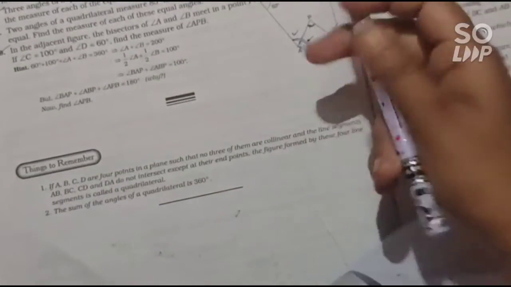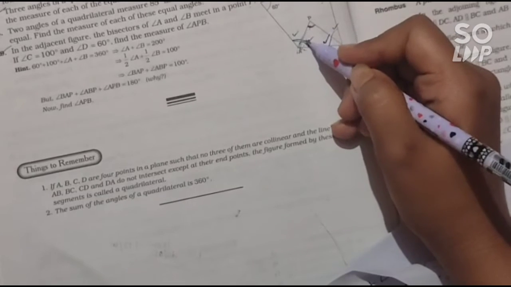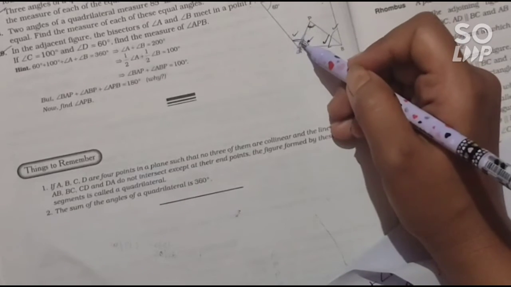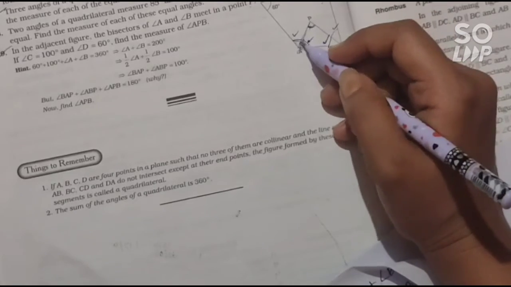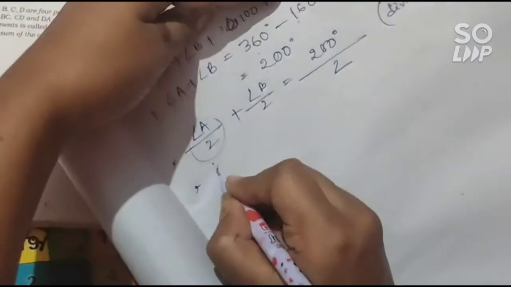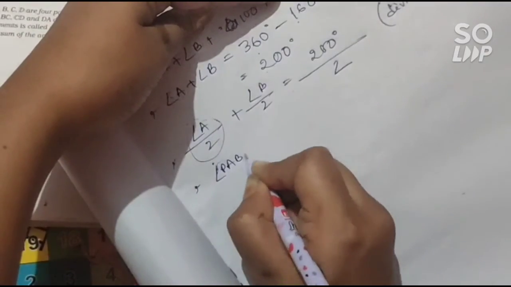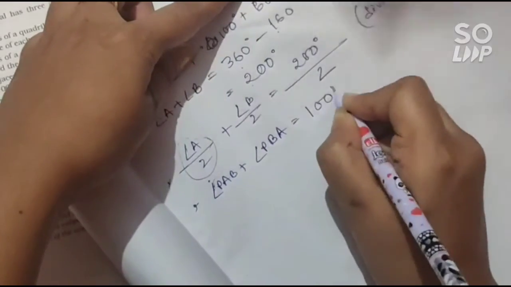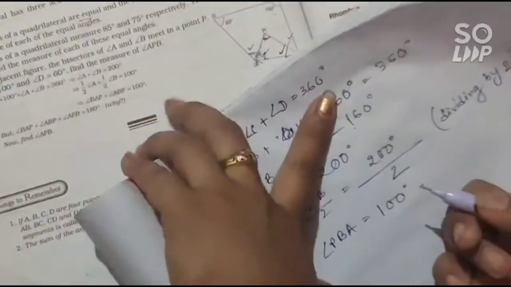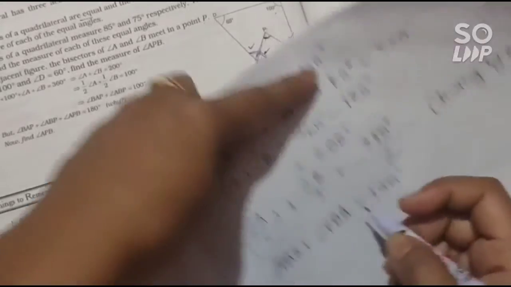As you know that AP is the bisector of angle A, that means AP divides this angle into two equal parts. So angle A by 2 means angle PAB, and angle B by 2 means angle PBA, equal to 100 degree. You have to find the angle APB.